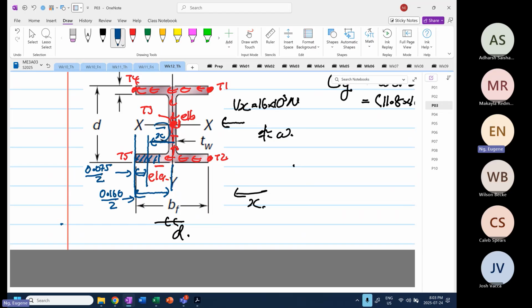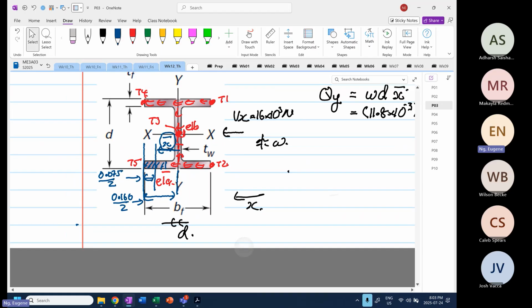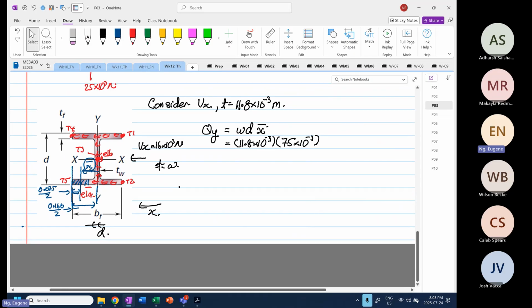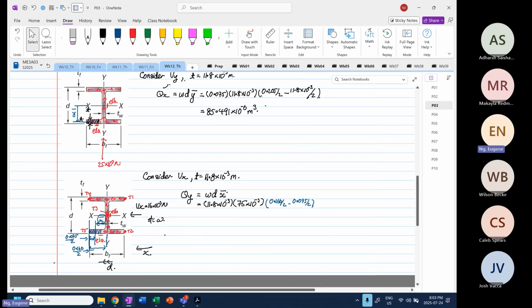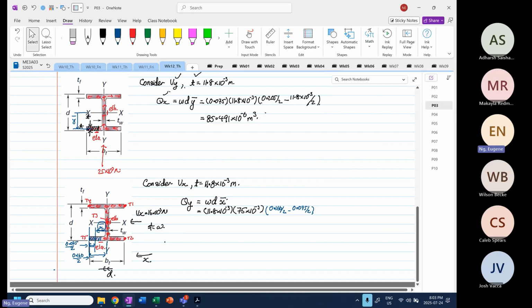Then you have your x bar, okay? So from here, you can write down 0.166 divided by 2, right? And then minus 0.075 divided by 2. You have to be really, really careful with this, okay?